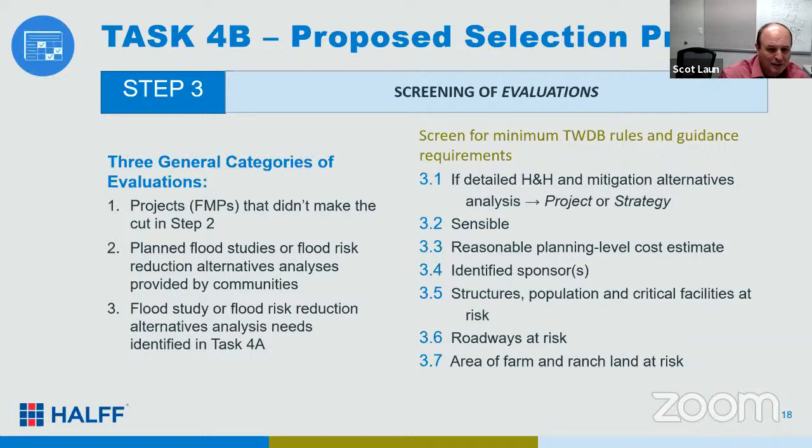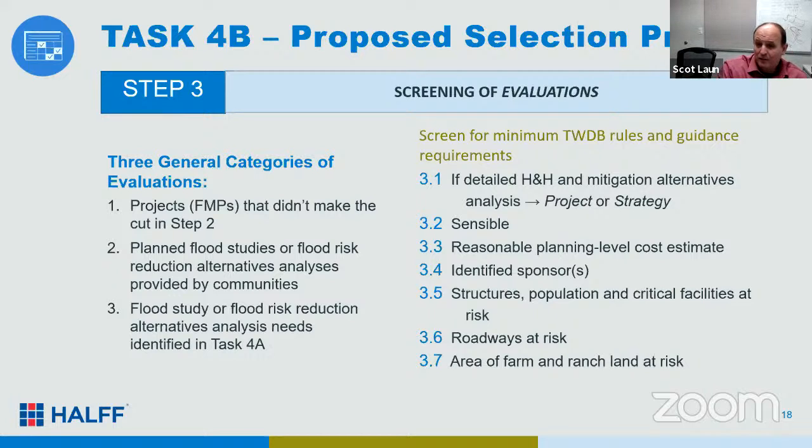And any additional analysis that we found when we initially looked at any gaps or increased flood risk in the initial task, which is 4A, which we've been collecting along. So the minimal guidelines are making sure it's sensible.